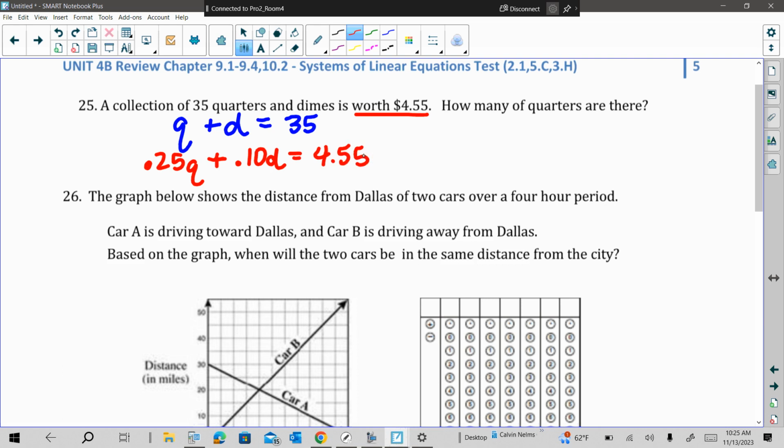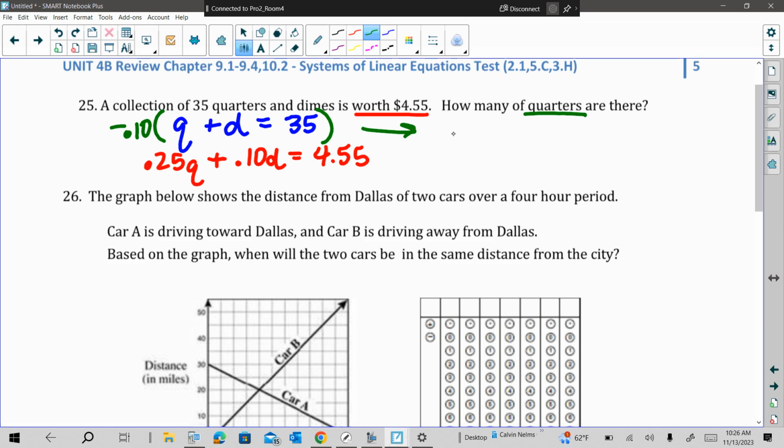So now to determine how many quarters or how many we have of each coin, we can use elimination. Since they want us to find how many quarters, then I want to eliminate the dimes. So to eliminate these dimes, I need to multiply the top one by negative 0.10, so we want them to be opposites.